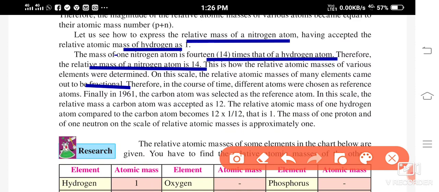Initially the hydrogen atom was considered, then slowly, with time, many other atoms were chosen as reference atoms, because the atomic masses of many elements came out fractional.